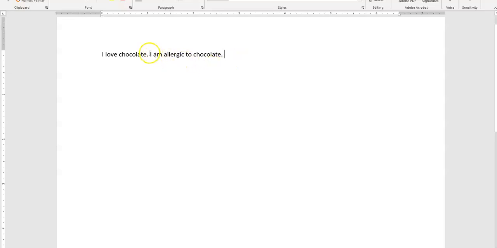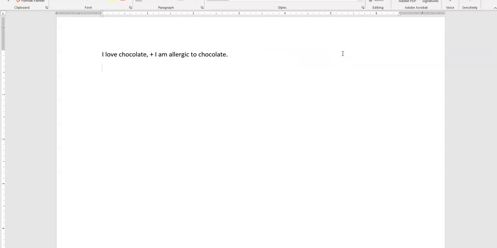I can connect these two with a connector. And I'm using the plus sign to indicate a connector. Then I have to use a comma in here. In English, there are a few connectors that can connect these types of sentences.